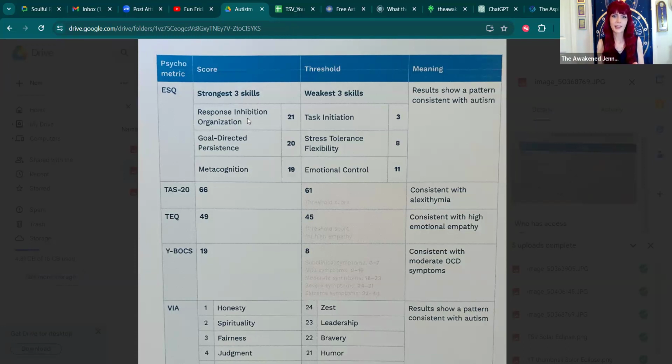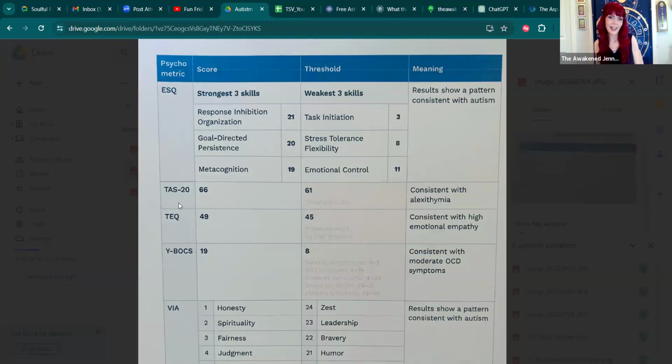Goal-directed persistence and metacognition are my strongest skills. My weakest are task initiation. I can get stuck about getting started. Stress tolerance, flexibility. I don't like swapping between tasks. I like to do what I'm doing and not stop. And emotional control. I'm not even sure how that one came out. So I must just get stressed out when things don't go my way. Okay.